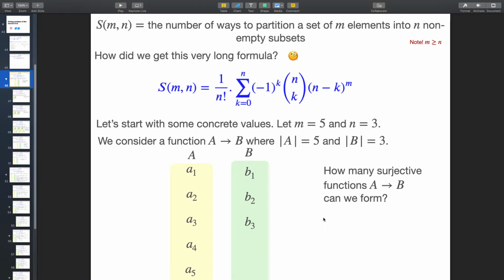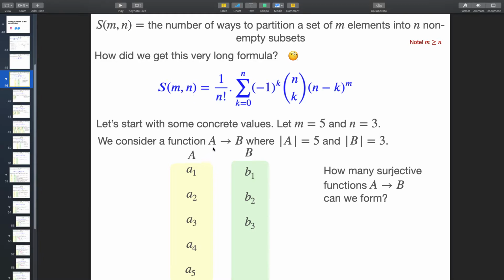In relation to the Stirling numbers of the second kind, ang bibigay kasi sa atin ng S of m, n, given m equal to 5 and n equal to 3, will be the number of ways to partition m elements to n non-empty subsets.